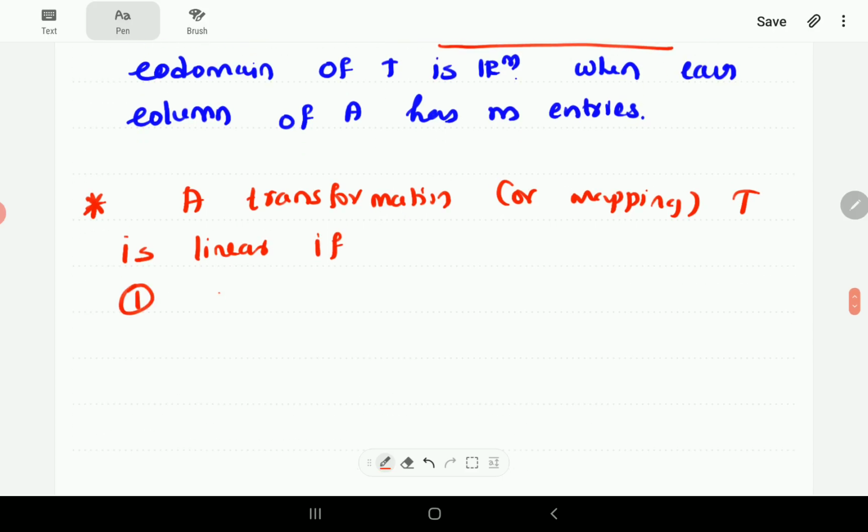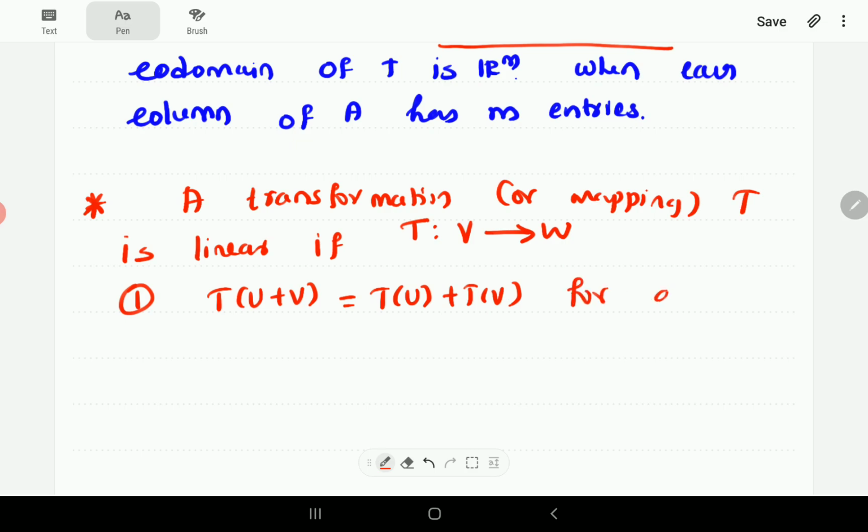The first condition is T of u plus v is equal to T of u plus T of v. Usually a transformation, a mapping, is the T which we define. Maybe you can consider T from V to W. This is a function which is said to be linear if it follows these two conditions.